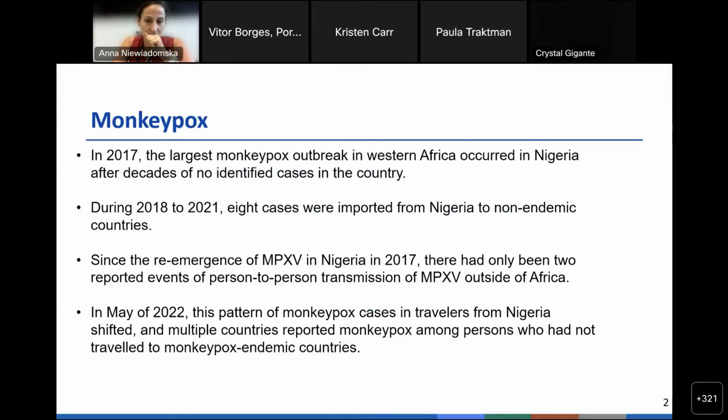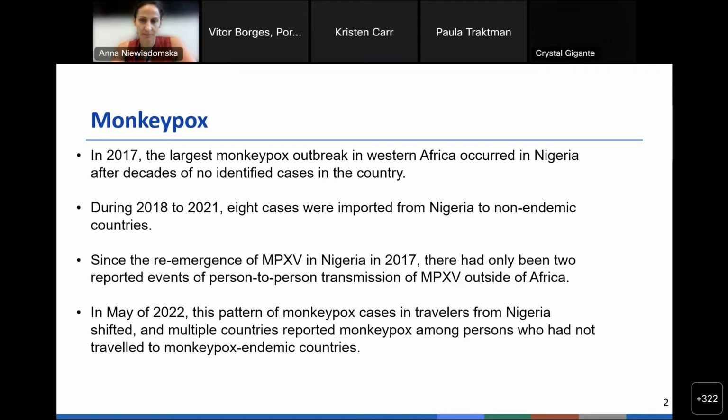I just wanted to highlight the largest outbreak of monkeypox in Western Africa occurred in Nigeria in 2017 after decades of no identified cases. And then during 2018 to 2021, there were 8 cases imported from Nigeria to non-endemic countries.